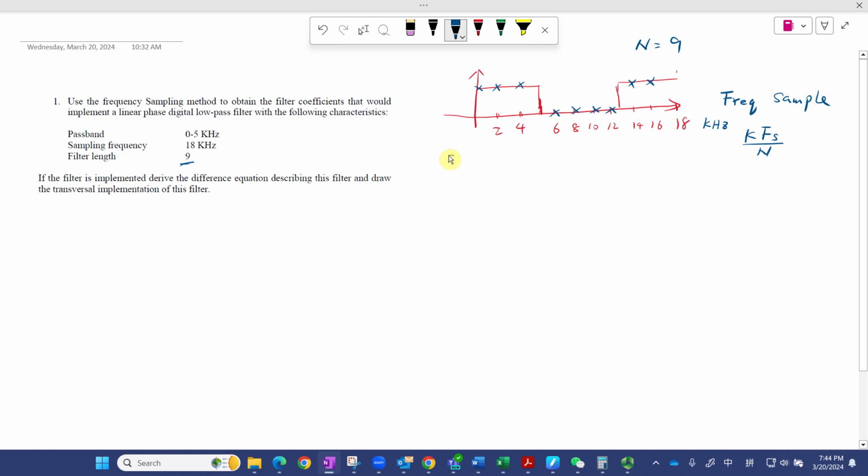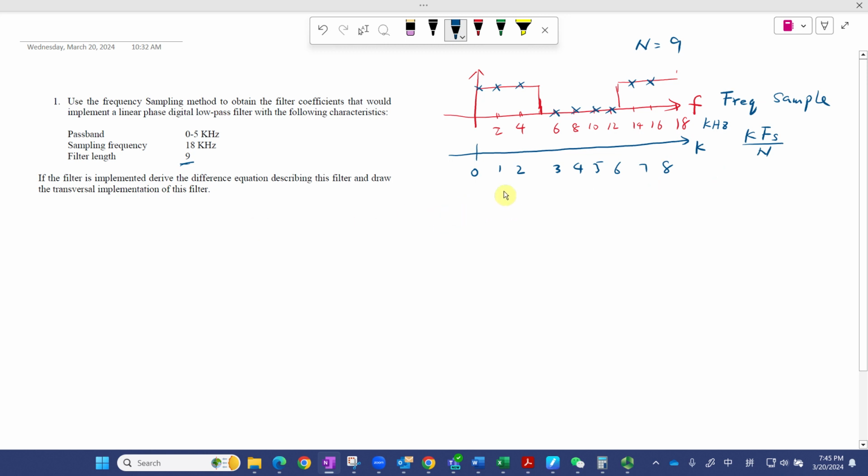In this case, the horizontal axis, instead of frequency, this time becomes k, the index. The index starts from 0, 1, 2, 3, 4, 5, 6, 7, 8, so 0 to 8, in total 9 points. So k is the index, and we can use that to find exactly the sample frequency.